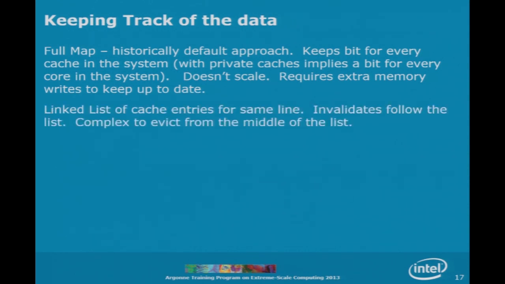There's a fairly popular one, I think it's called SCI, Scalable Cache Interconnect, something like that, which has a linked list of who owns a particular cache line. That actually is reasonably popular, but it's very slow if you try to update the list in the middle, and there's a lot of traffic.